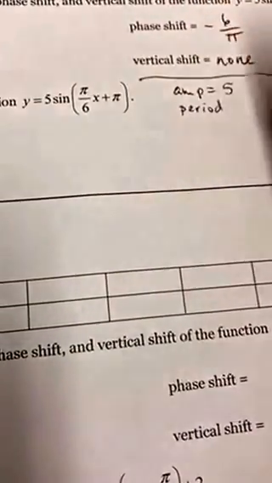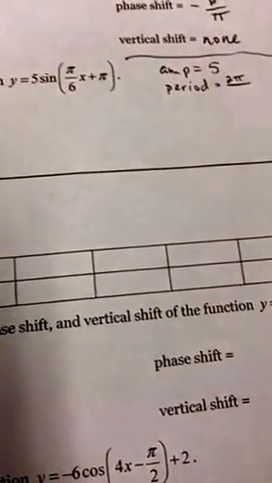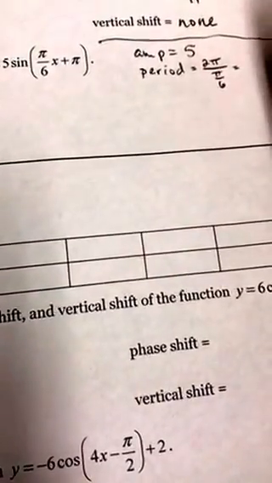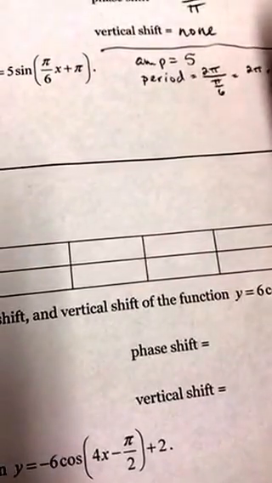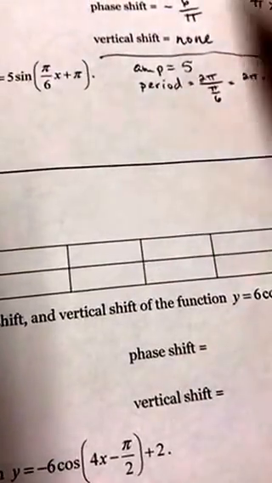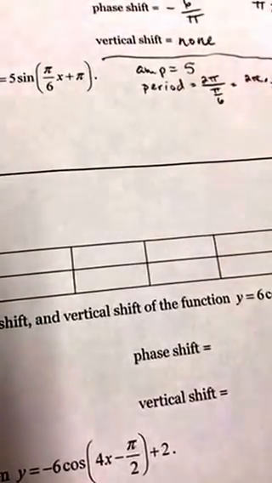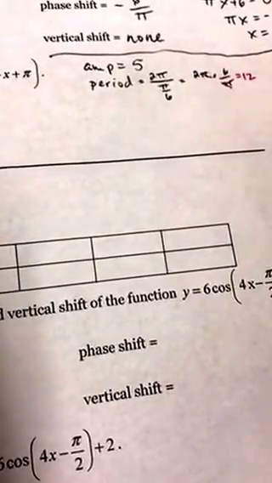Our period is going to be 2 pi over B, which is pi over 6, which means we're going to have to multiply by the reciprocal. So we're going to have 2 pi times 6 over pi. Well, that's going to cancel those out. So our period is actually going to be 12. That's special, at least it doesn't have a pi. It'll make it a little bit easier for us.